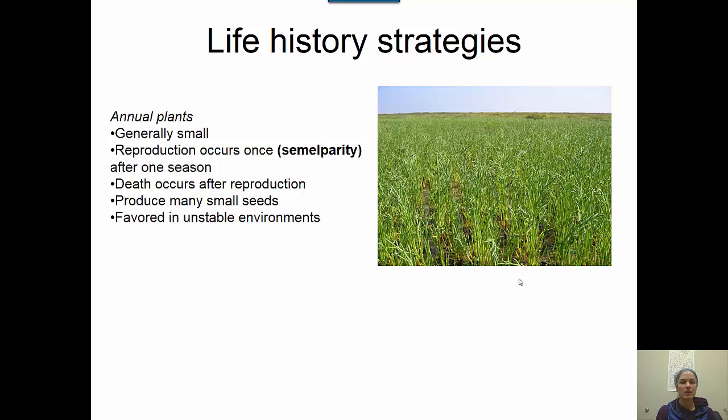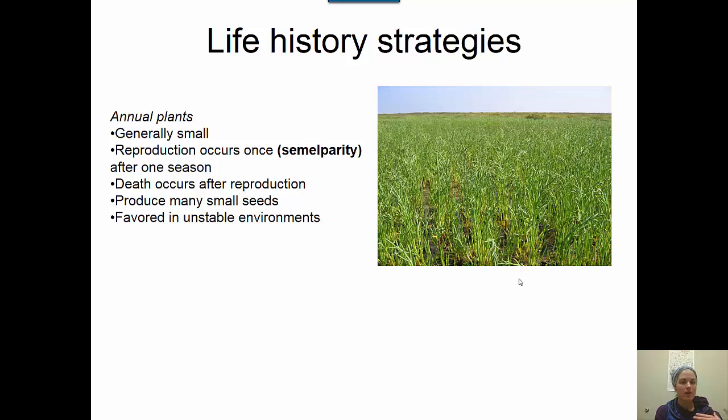This strategy, emphasizing reproduction, getting it over with fast, is favored by plants that live in unstable environments. In an unstable environment, you never know when the next flood is going to come, when the entire population is going to get covered by erosion, and the habitat's no longer going to be suitable for that particular organism.